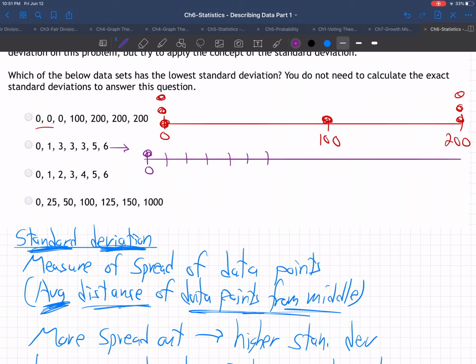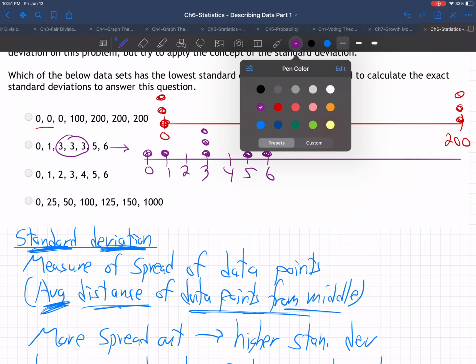So we have a dot at 0, a dot at 1, 3 dots at 3, which I'll just stack, a dot at 5 and a dot at 6. That data is pretty clumped together, isn't it? So that one definitely has a lower standard deviation.